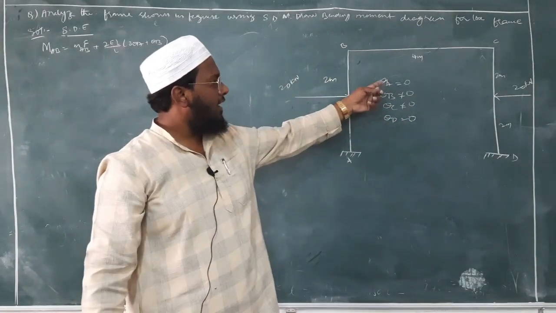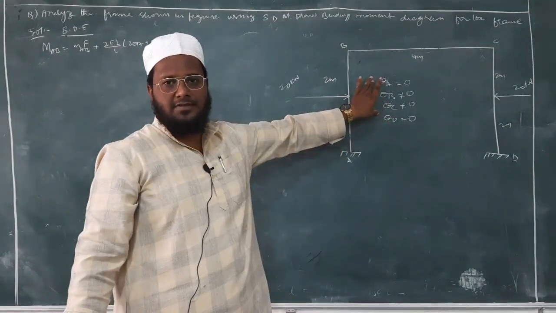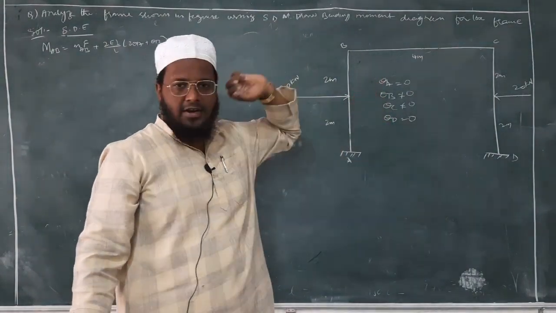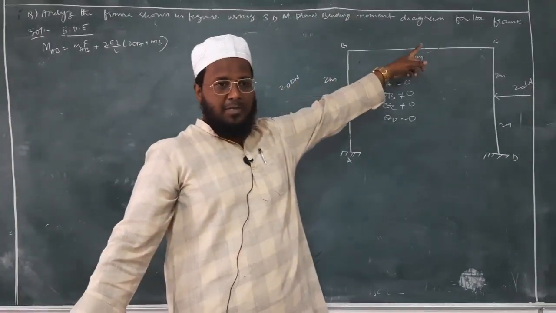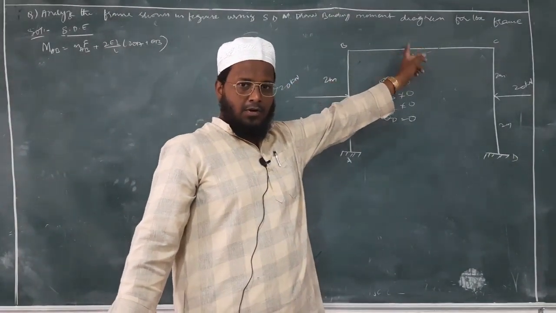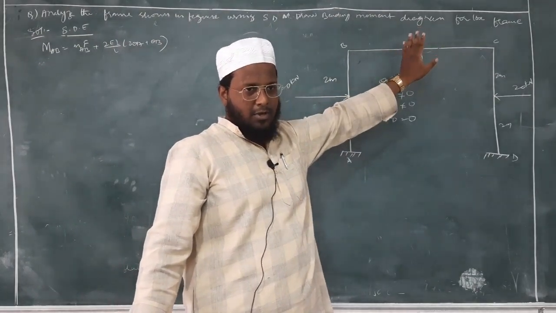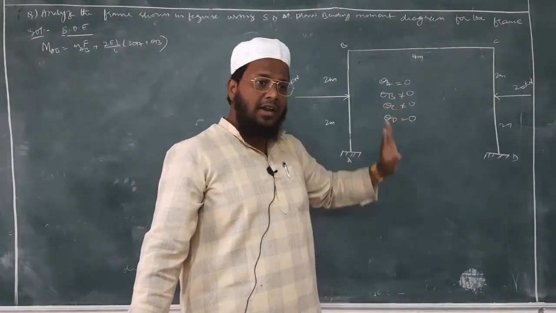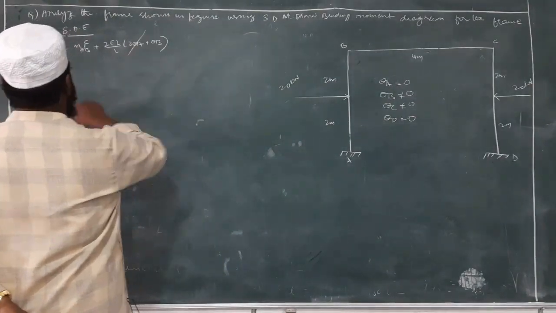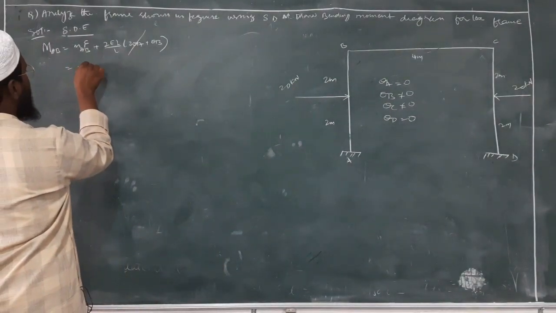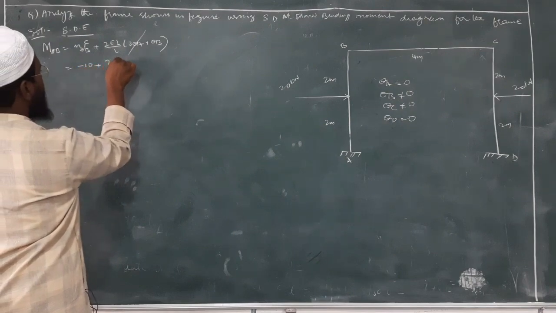So theta A and theta D, we do not have to find these values, whereas we have to calculate theta B and theta C. However, we do not have any load on span BC. Load on span BC is 0. But theta B and theta C will exist. Alright. So theta A will become 0. So what is the value of MF AB? Minus 10 plus 2EI.